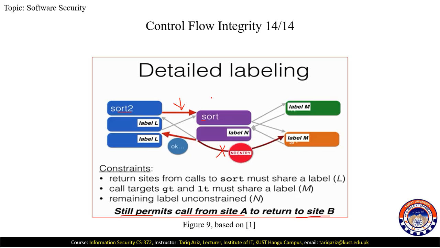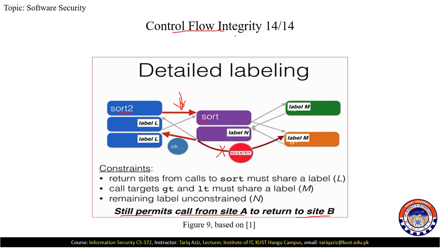But at this stage, you are familiar with the concept. Then you can insert some more labels or some more constraints to get rid of this phenomenon too. But at this stage, I hope it is clear to you what the advantage of the CFG is and how we enforce control flow integrity in our software development process.